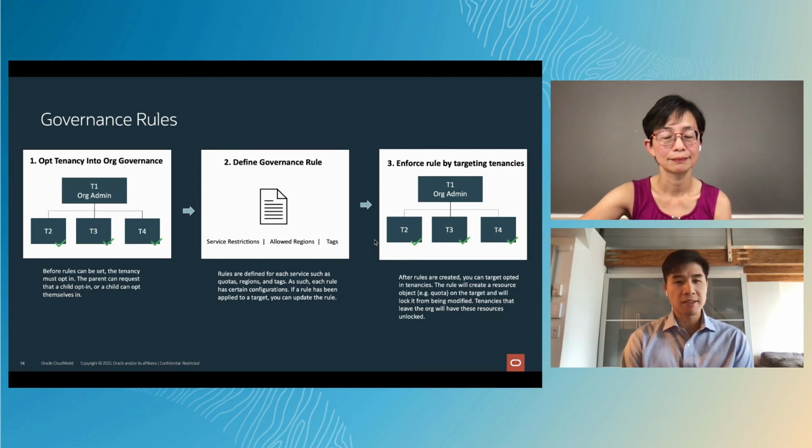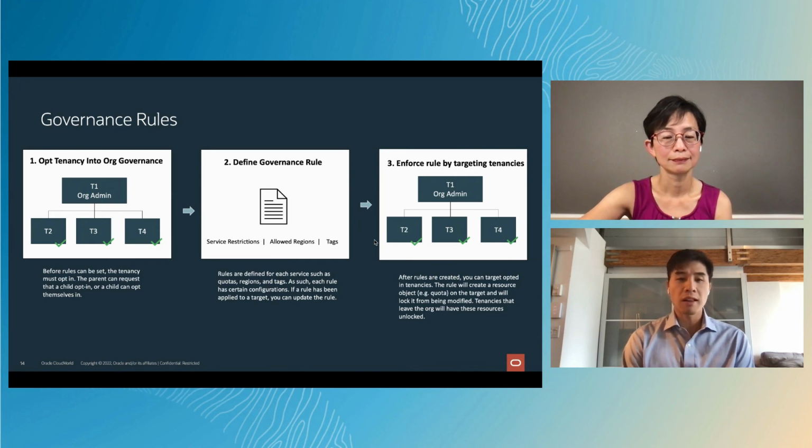This really gives the parent tenancy the capability to set compliance or security standards across their organization. And it also ensures that the child tenancy is meeting those security compliance standards. So it gives the parent peace of mind as they continue to scale.